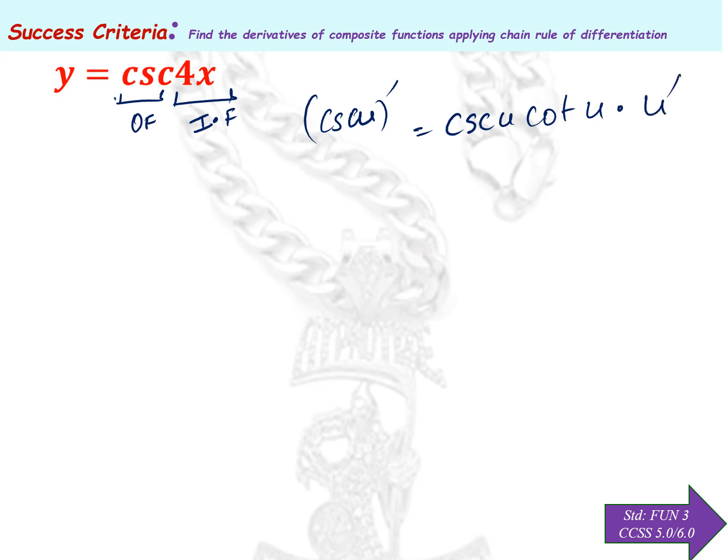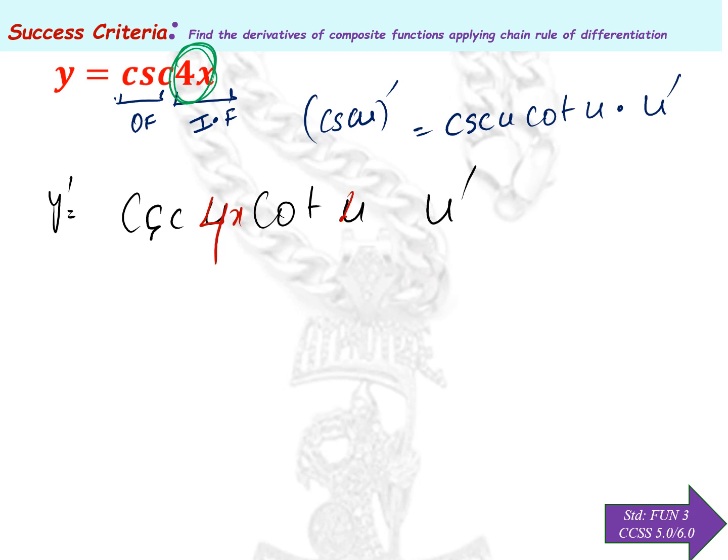Let's write the formula of the derivative: cosecant u, cot u, and then u prime. Now what is your u? U is the inner function, which means 4x. So in place of u, I am writing 4x. In place of this u, also 4x. And in place of this u, I am writing 4x with prime.